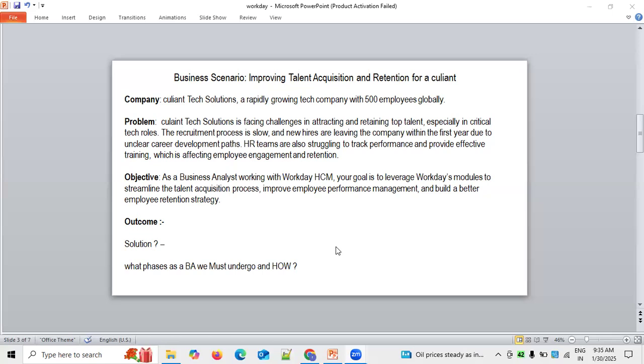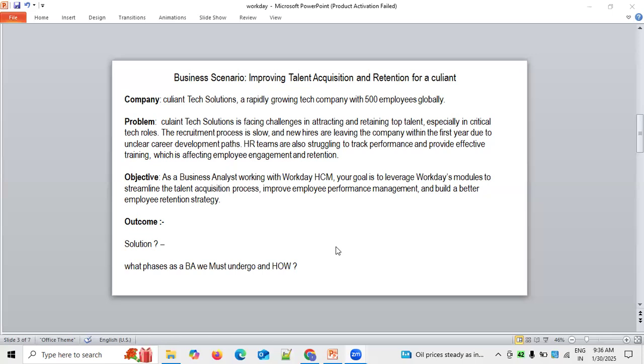business analyst, first we need to know which company we are dealing with. I've given a briefing about the company, which is called Qlian Tech Solutions, a technical company with somewhere around 500 employees globally. They are facing some challenges, because as a BA, we need to understand what problems and challenges they face.